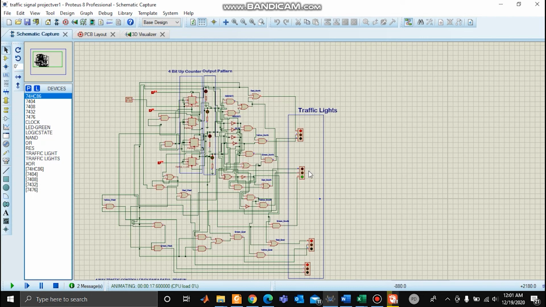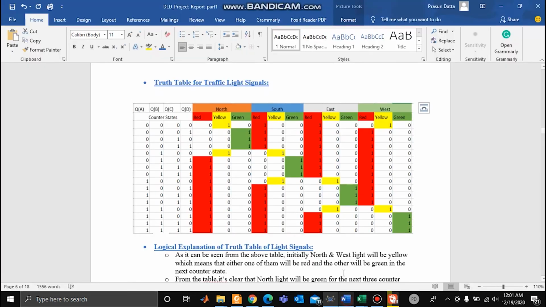Then south will be green and north will be on red. This pattern will follow until the west light becomes green, and with that this will complete the counter state table presented here.